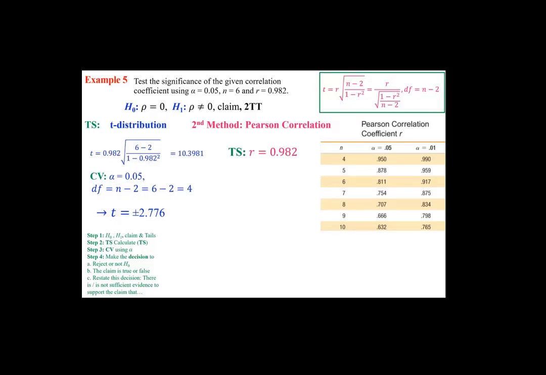What about the critical value? The critical value comes from the Pearson correlation coefficient table, the table to the right. So what are we looking for? Alpha is 0.05, so look at the alpha 0.05 column.